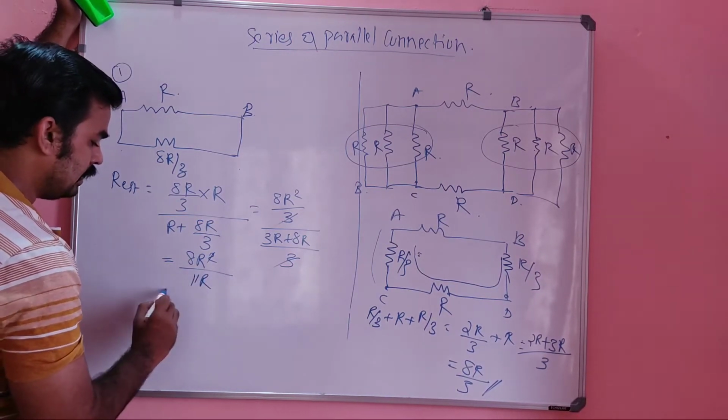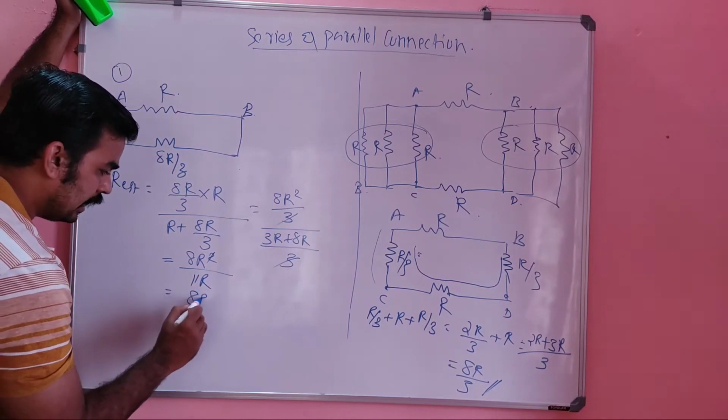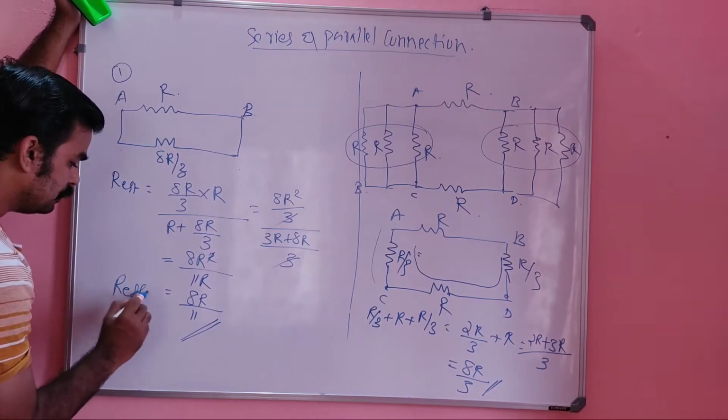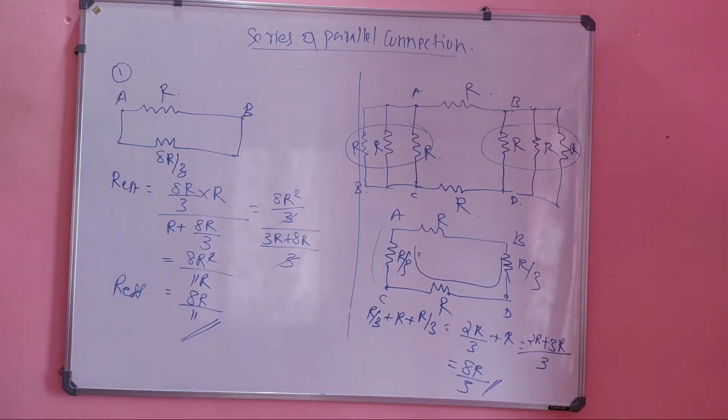R and R get cancelled, which will be equal to 8R by 11. So this is the value of R effective.